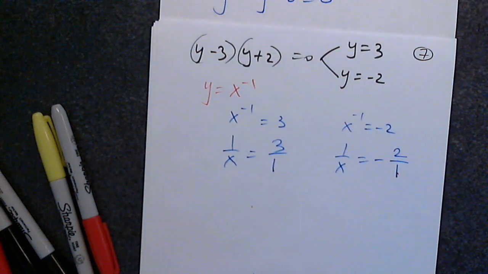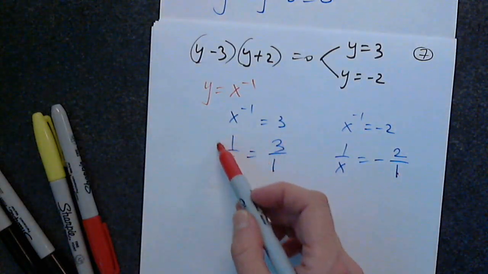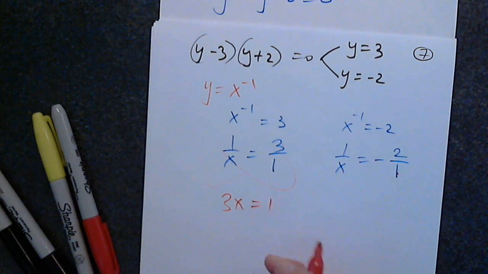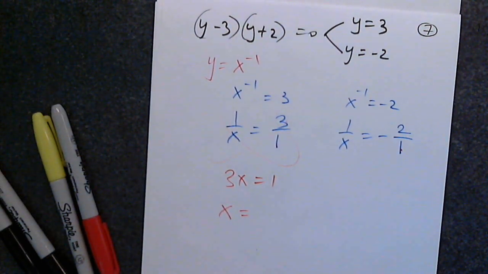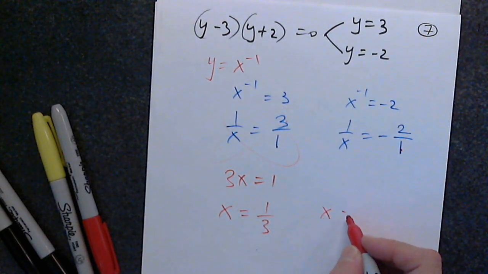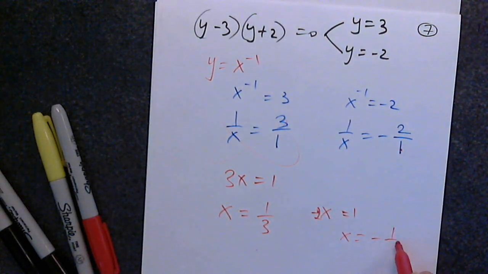Why am I emphasizing that? Because I like you to see that you can cross multiply. It's a proportion. So this one says 3x equals 1, which gives us x to be... very good. And the other one gives us negative 2x equals 1, and x equals negative 1/2.